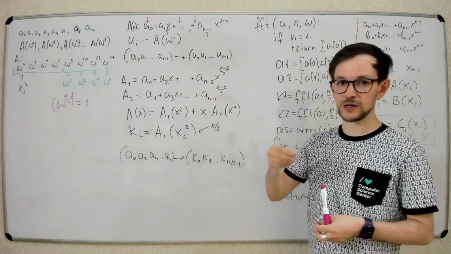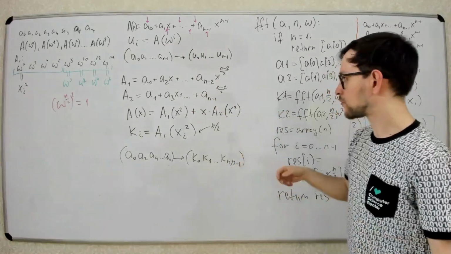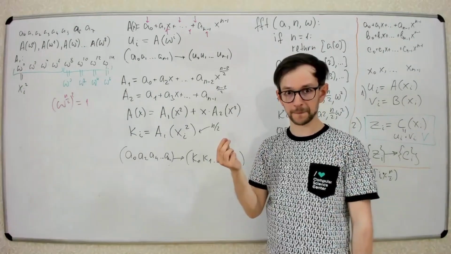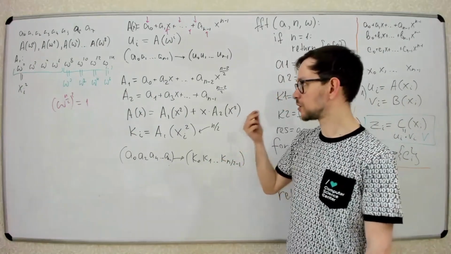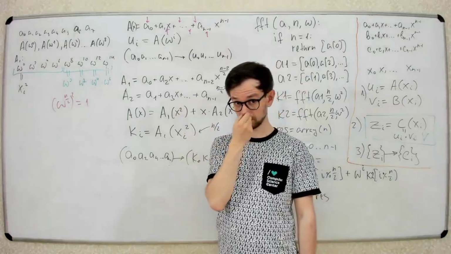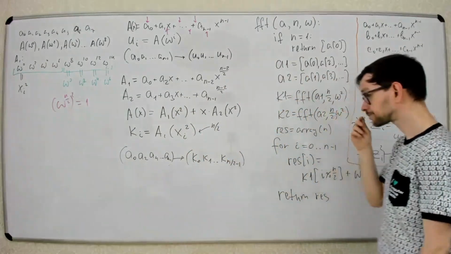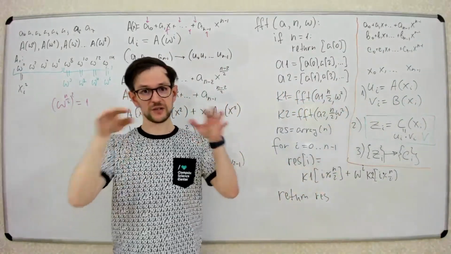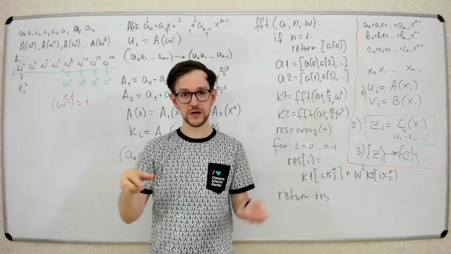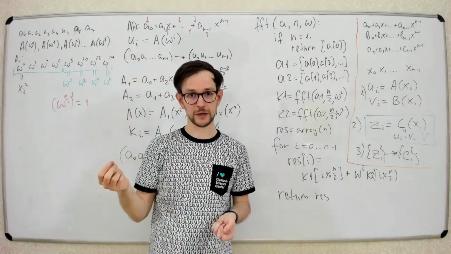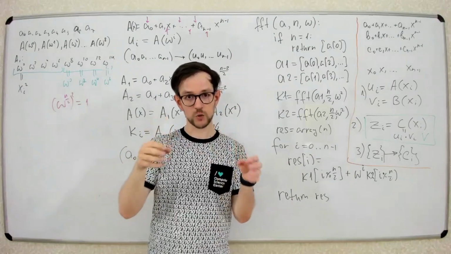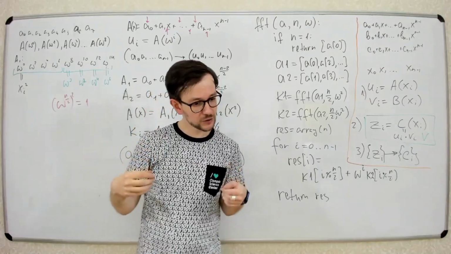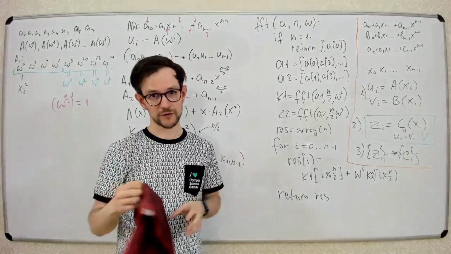I can do this only if n is an even number. I want n to be even in all steps of my recursion. If n is even in all steps of my recursion, I need it to be a power of 2 in the very beginning. I always divide by 2, and I must always have n as an even number. So it only works when n was a power of 2 in the very beginning.